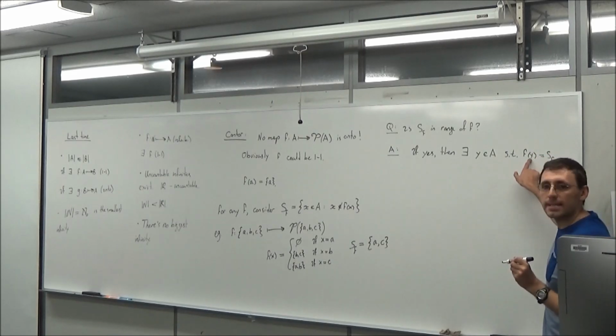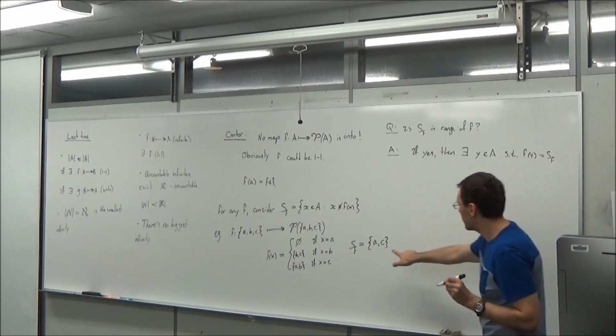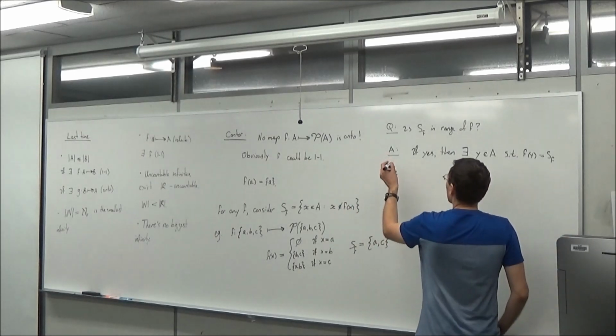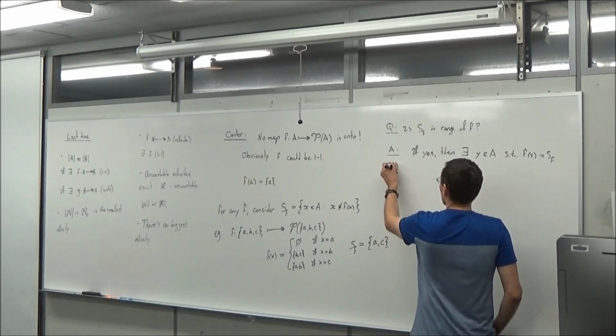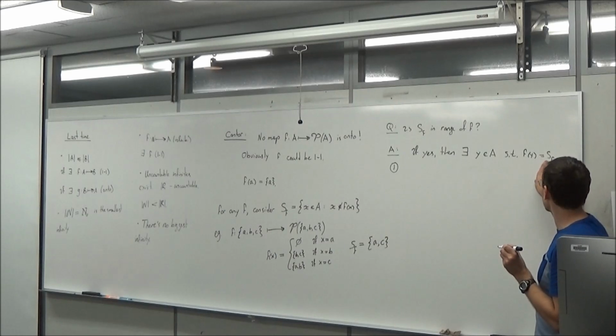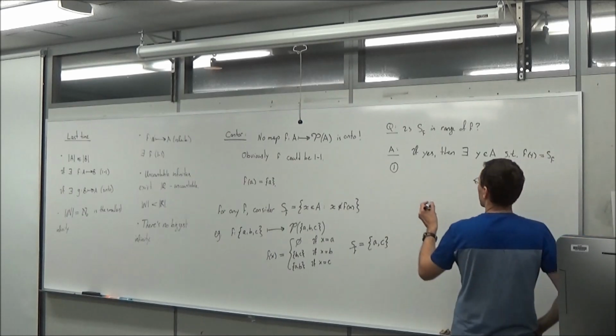In other words, if I point at some candy, I get that set of dissatisfaction. So then we can consider the cases. So y either belongs to this set or it doesn't, right?